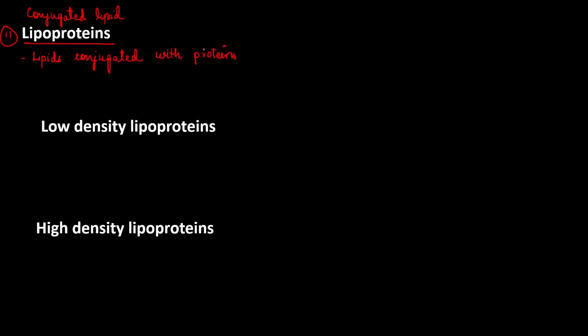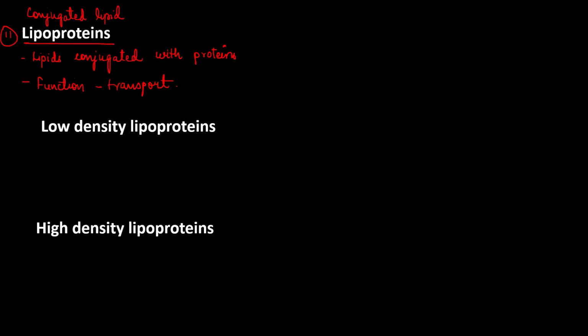So, they have a lipid part and a protein part. What is the function of lipoproteins? The function of lipoproteins is transportation. These lipoproteins help in the transportation of lipids.